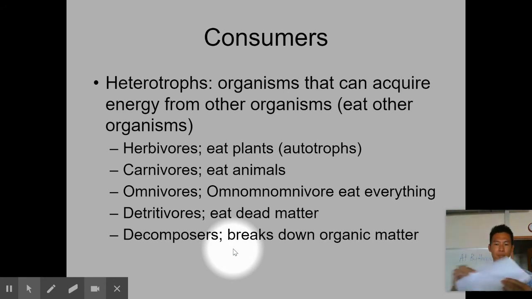If you keep a piece of paper wet, sometimes you'll see black mold growing on it. Black mold is a type of fungi that is a decomposer, and they can break down any organic matter for energy, no matter if it's been dead for a very long time.